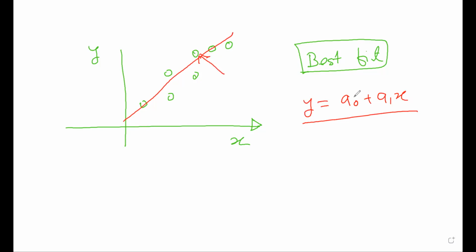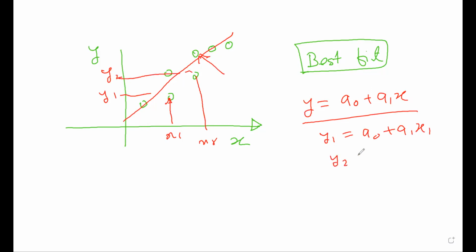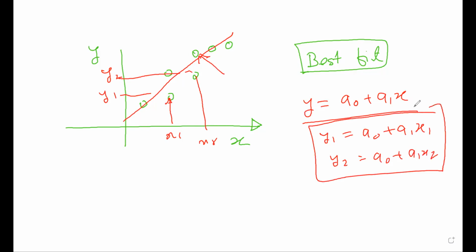If someone says we can use the value x1, the corresponding value is y1, then y1 is equal to a0 plus a1 into x1. Then we can take another value x2, find the corresponding y2, and y2 would be equal to a0 plus a1 into x2. In this way, we can form two equations to solve for a0 and a1, isn't it?